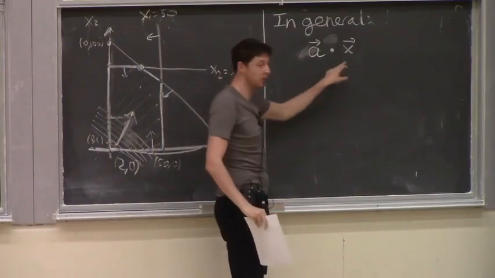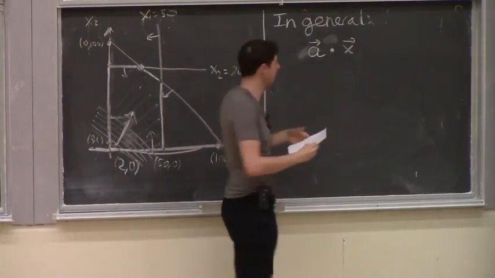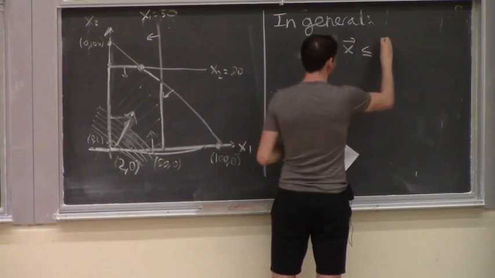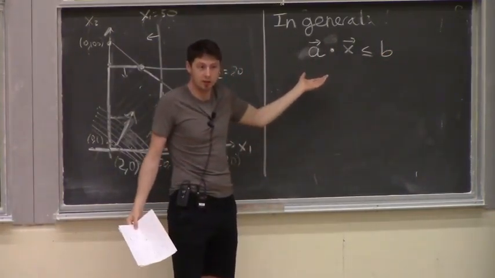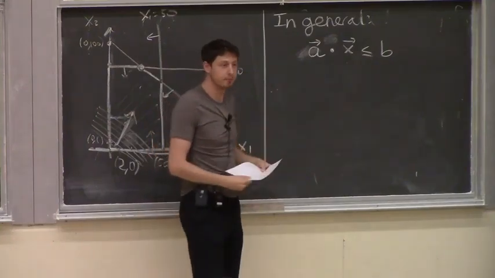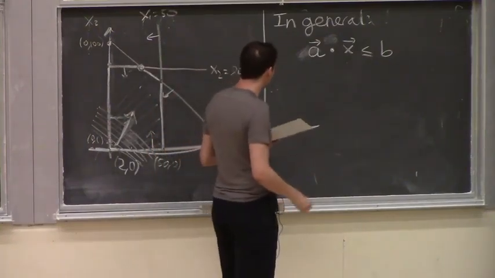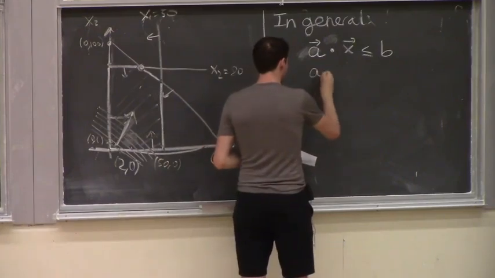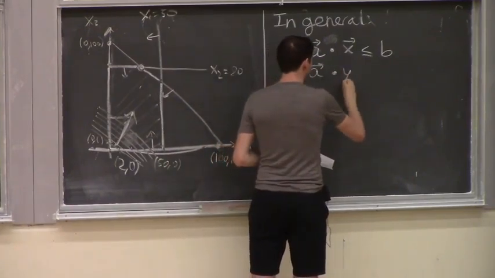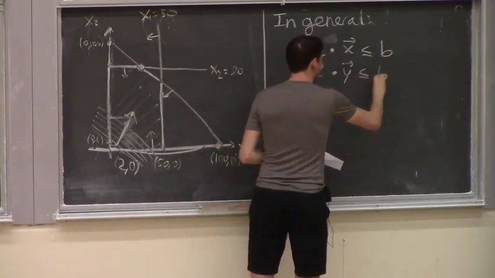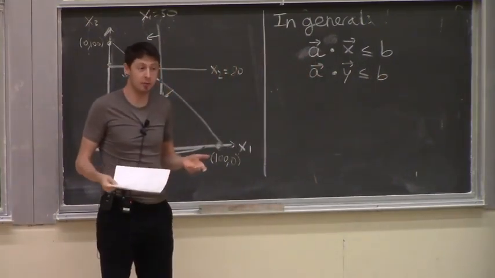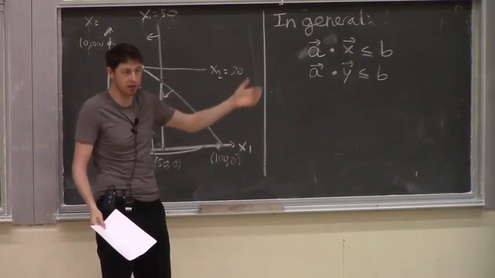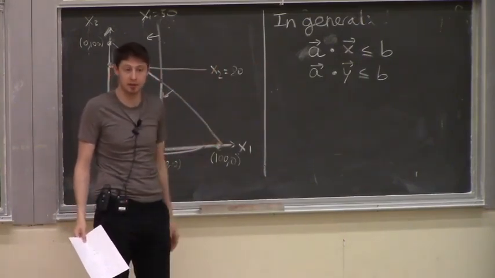Take a dot product with X, get something, and this should be at most B. This is definitely a general linear constraint. We also have the same thing for Y, because we're saying that both X and Y are feasible. In particular, they both satisfy this constraint, which is some arbitrary constraint inside a linear program.